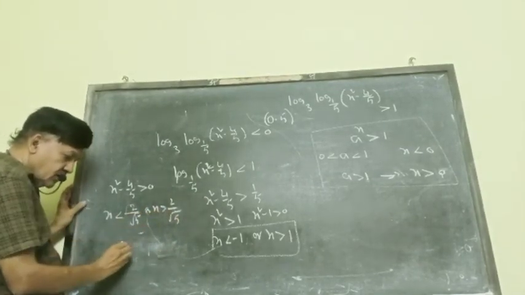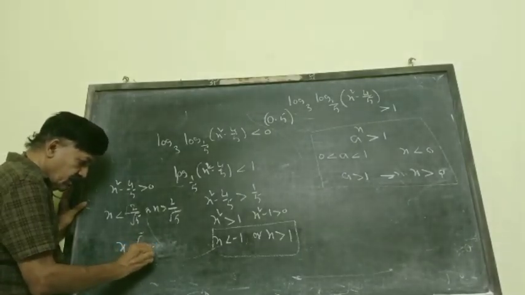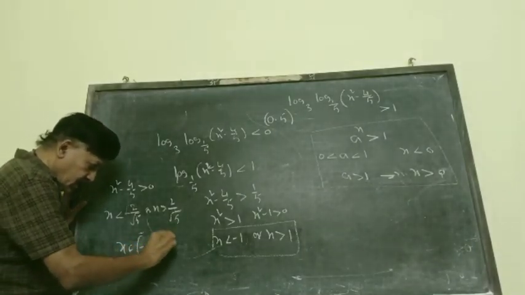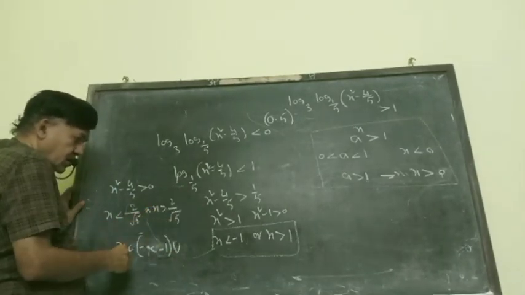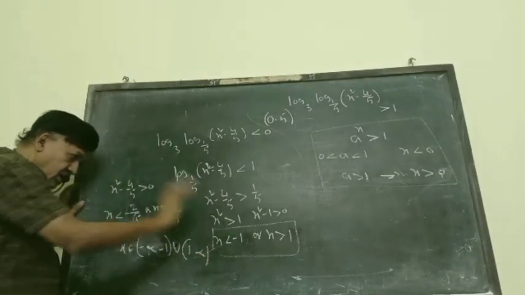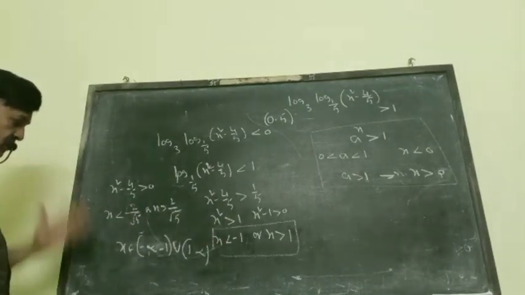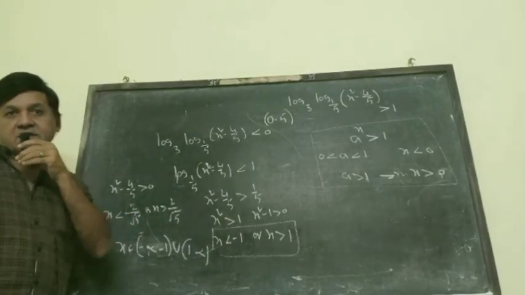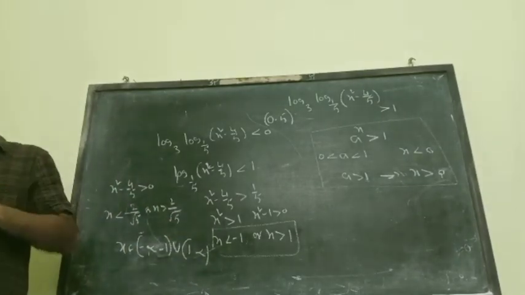So the intersection of these two is: x belongs to minus infinity to minus 1 union x greater than 1, meaning 1 to infinity. The intersection is that only. You should consider the intersection of these two. Yes, understood? So finally this is the intersection.